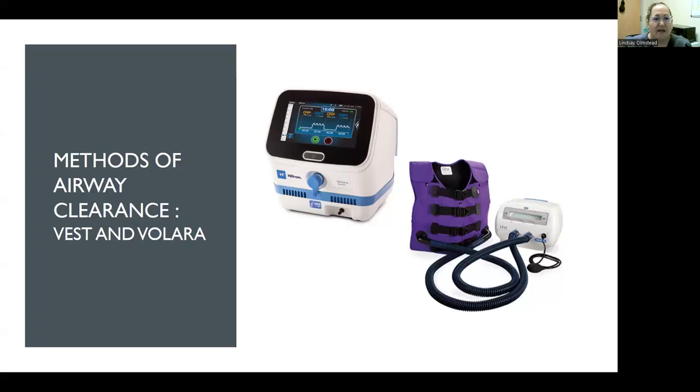The Vibralung here is kind of the same, but it's more, I call it internal. So you have a manometer on the side here. You set a pressure. You can give it with a mouthpiece or a mask. You can hook it to a ventilator on patients 2 and above, or you can hook it directly to a trach, which again, I love. With it, you do have to make sure you have that tight seal.